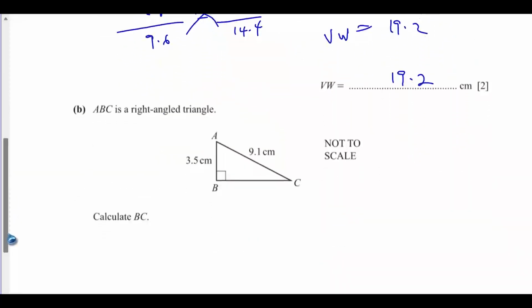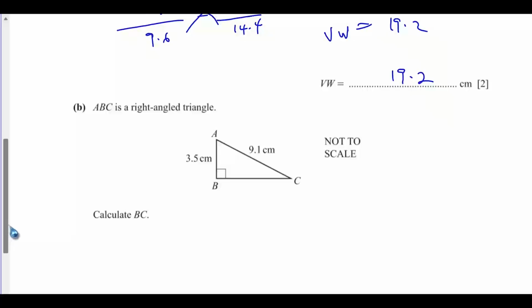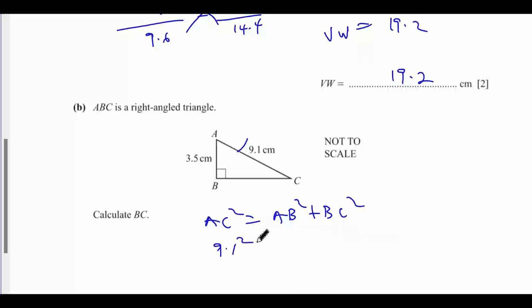So part B, ABC is a right angle triangle. Calculate BC. This is the hypotenuse, always start from there. So AC squared equals AB squared plus BC squared. We have 9.1 squared equals 3.5 squared plus BC squared.